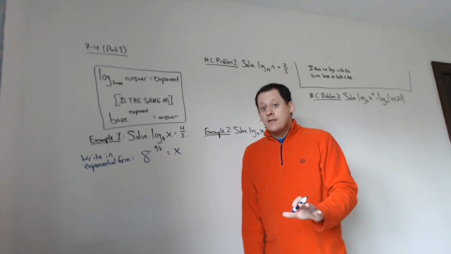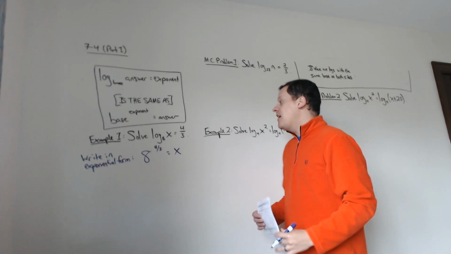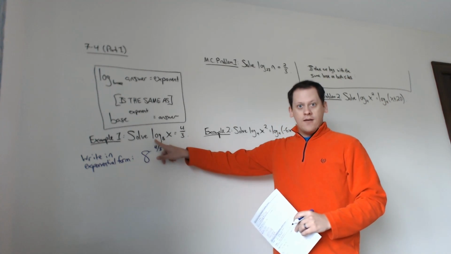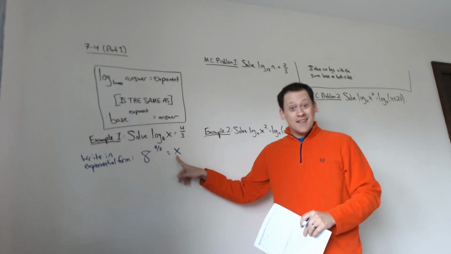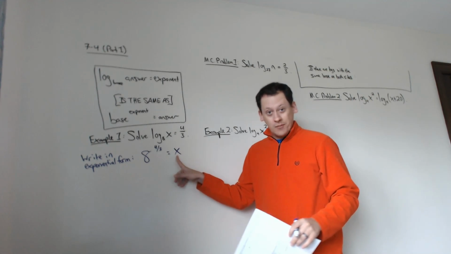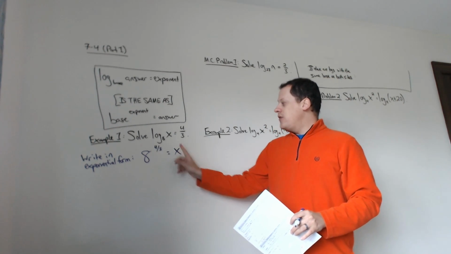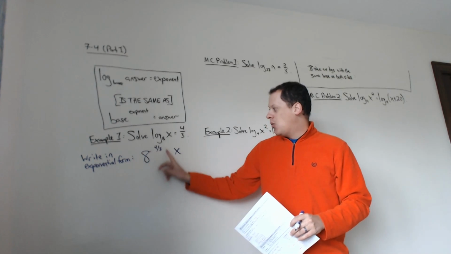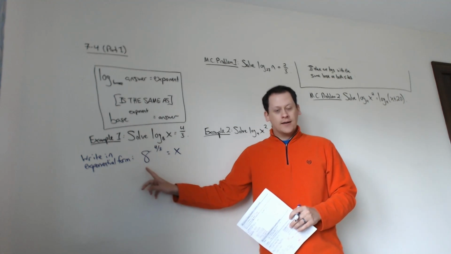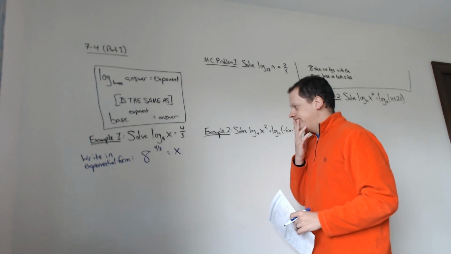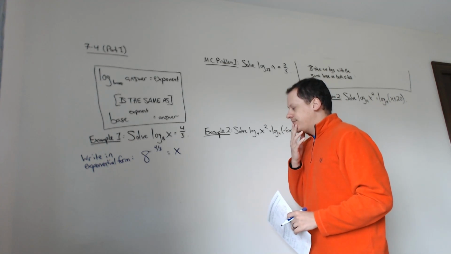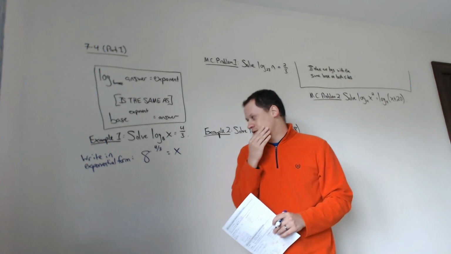This is better, this is easier to solve because we don't have a log anymore. And we actually got that x by itself, all in one step. That's pretty good. So the only thing we need to figure out is, what is 8 to the 4/3 power? Well, there are lots of different ways to approach that.